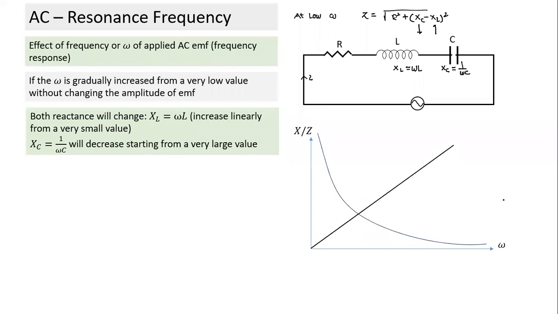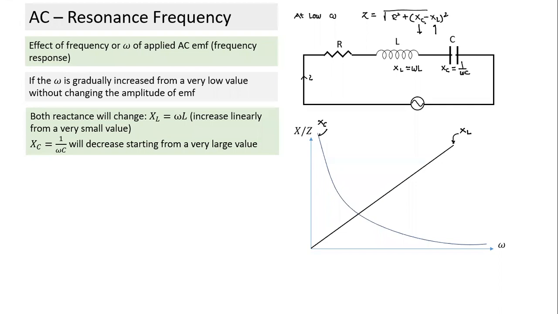We have omega on the x-axis and the value of impedance as well as reactance on the y-axis. This is how XL will change as omega is changed, linearly, and XC is inversely proportional to omega, so it is like a rectangular hyperbola shape. This is how XL will change, and this is how XC will change. But what is actually important is the difference between the two.